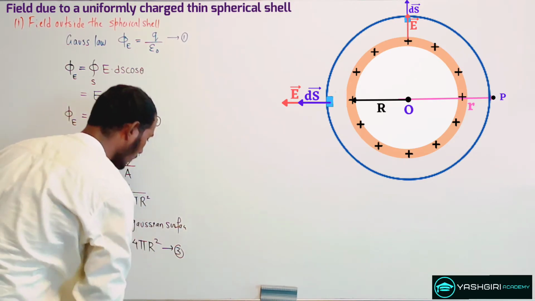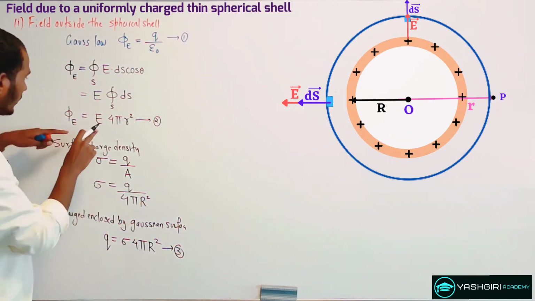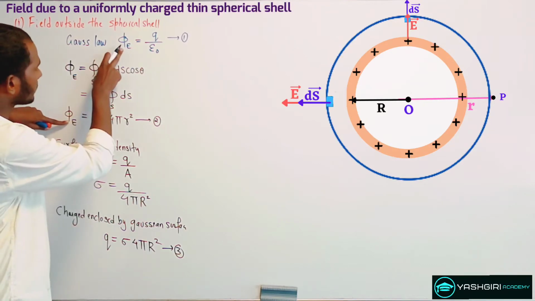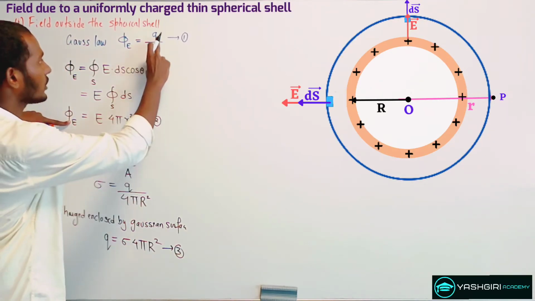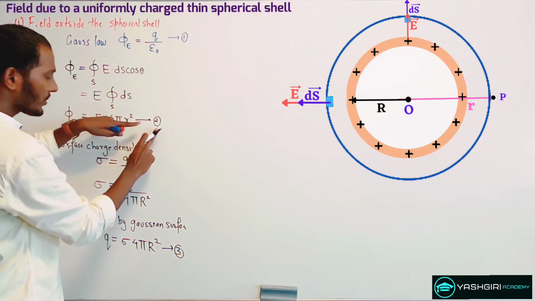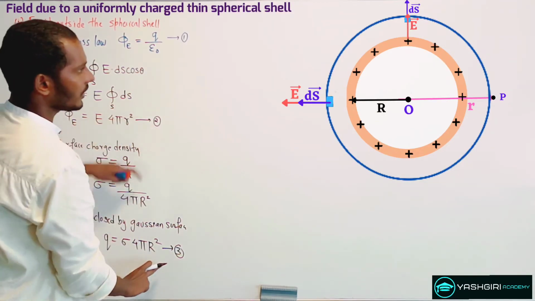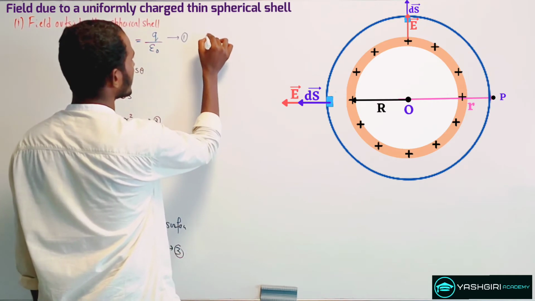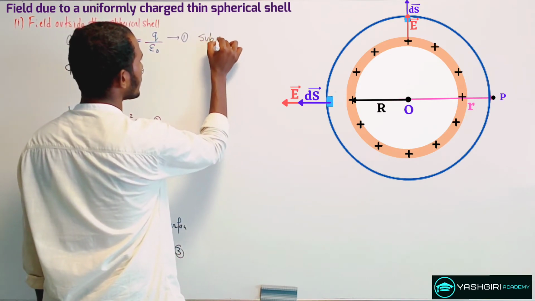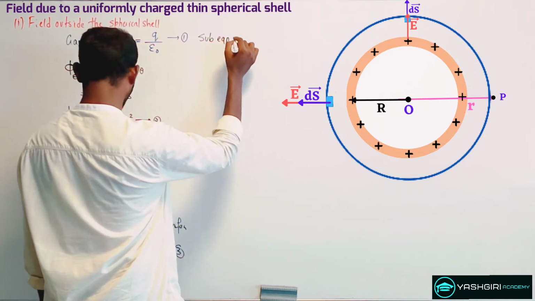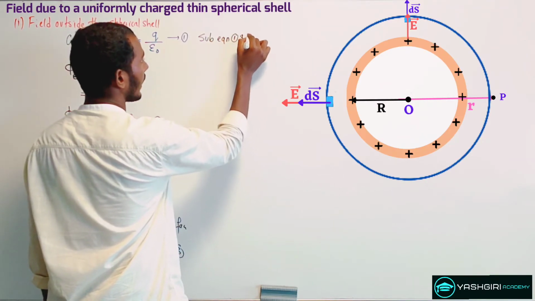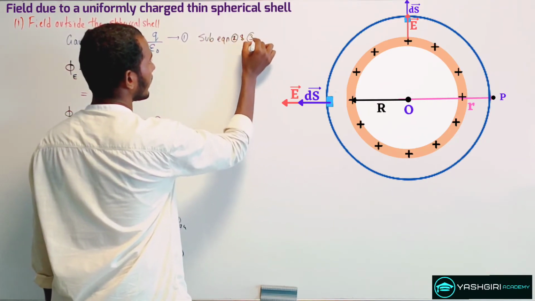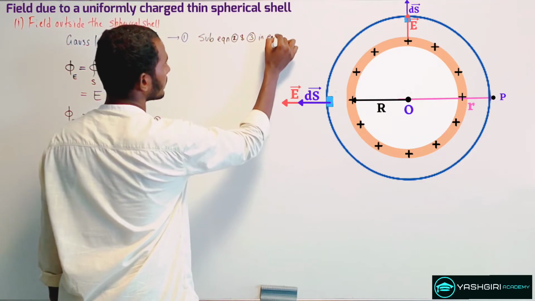Let me mark this as equation 3. I have got the electric flux, and I have got the charge enclosed by the Gaussian surface. So let me substitute equations 2 and 3 in equation 1.